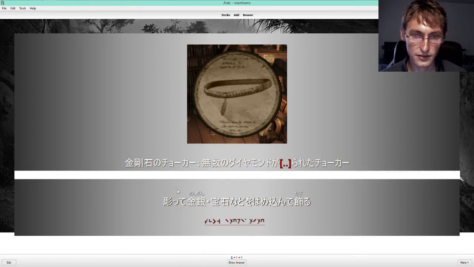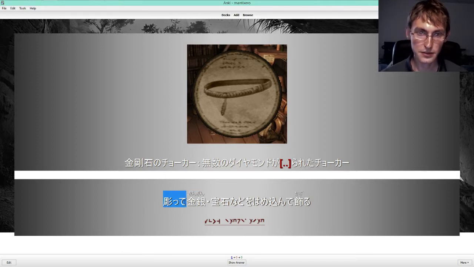So the Japanese definition is hotte, kingin, houseki nado o amekonde kazaru. So you etch into the gold or silver or a gem and things like that, and set something in it to decorate it. So basically to set in it.